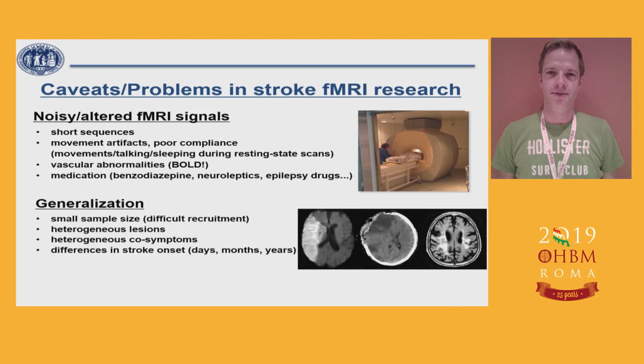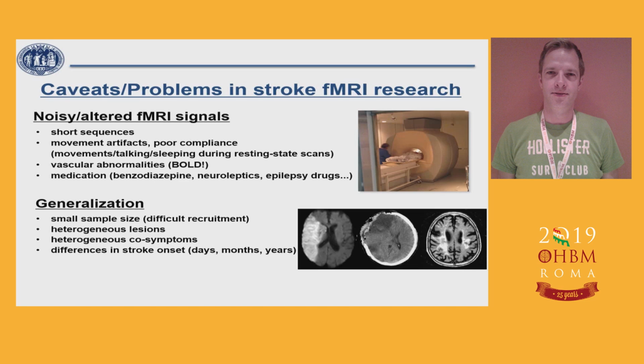The second problem, which I think is even more problematic, is the generalization of data, how well we can generalize the data. We usually observe small sample sizes in stroke studies, like 20 or 30 patients, because it is difficult to recruit acute stroke patients. And they have quite heterogeneous lesions.